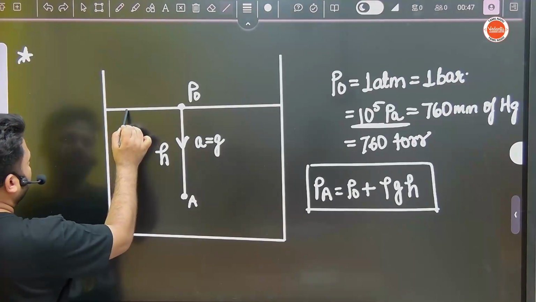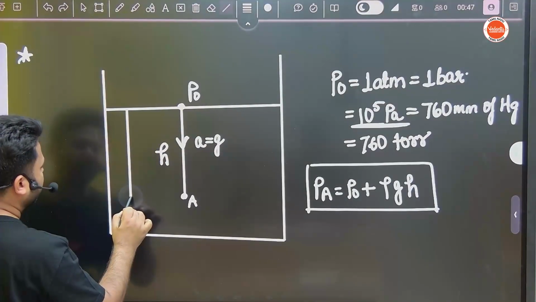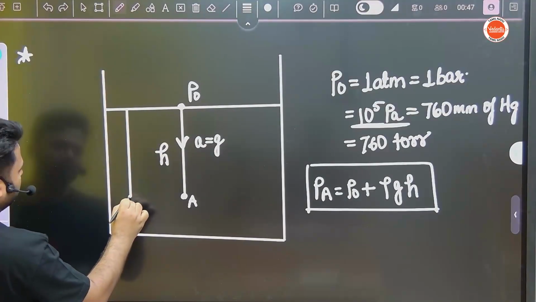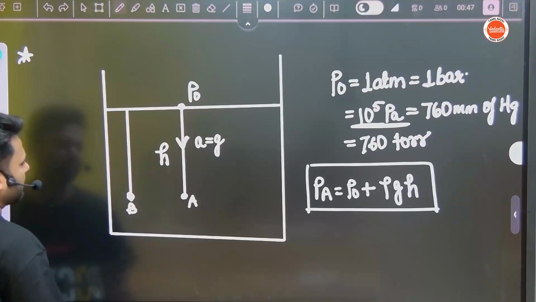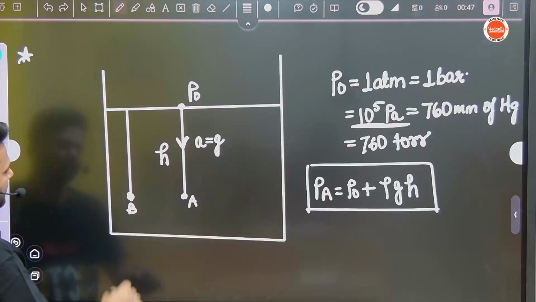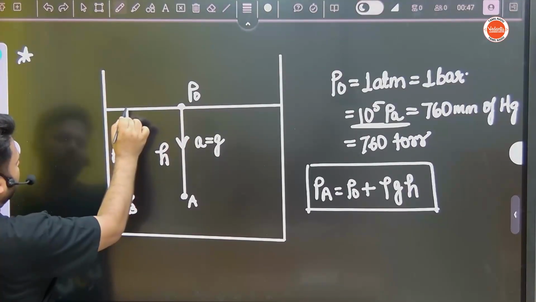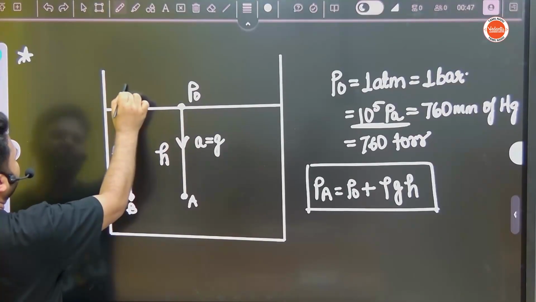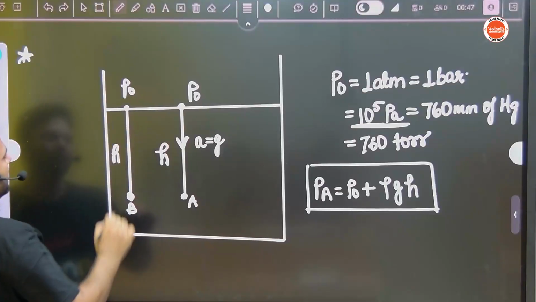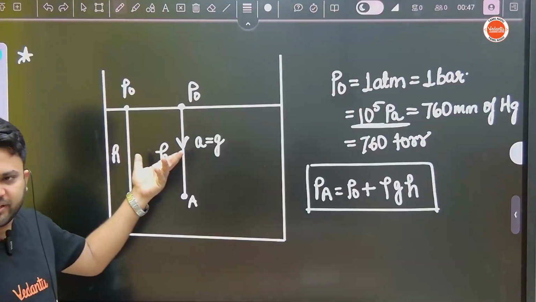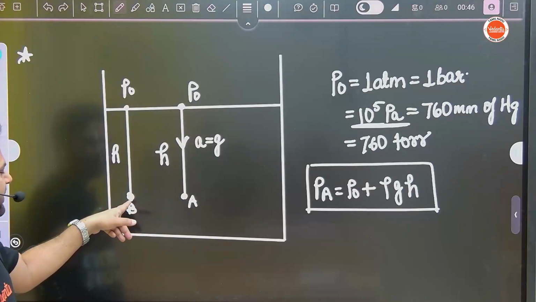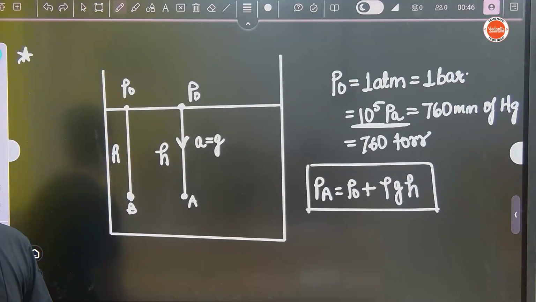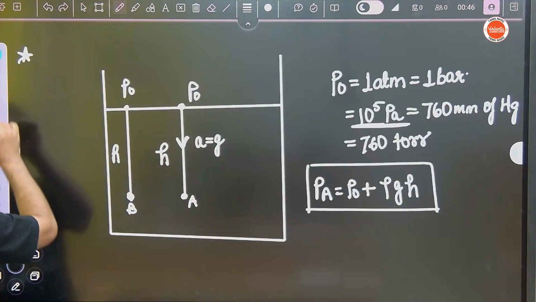Acha. If I go to the same height but a different point B, same height, here also pressure is how much? P naught, since this point is exposed to atmosphere. So the pressure at B will be P naught plus rho g h. It means the pressure at point A and point B will be the same. And we can think like this also.